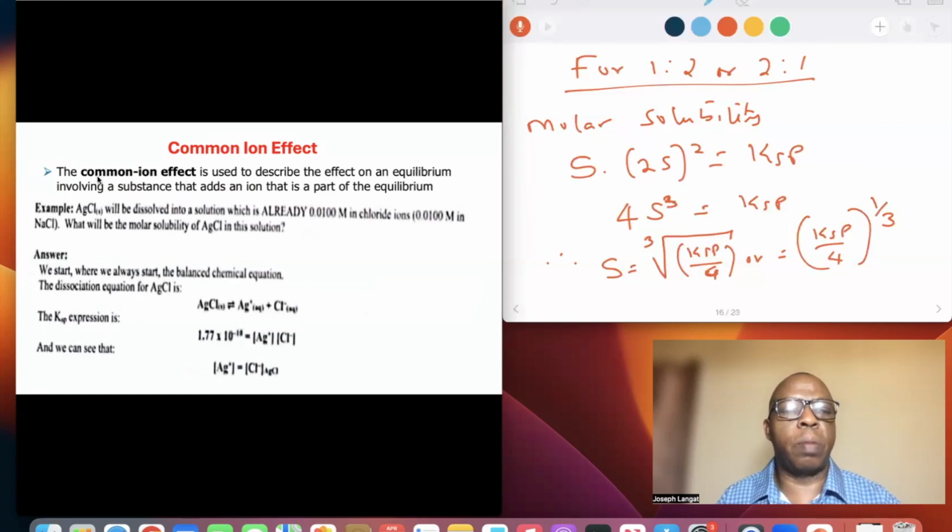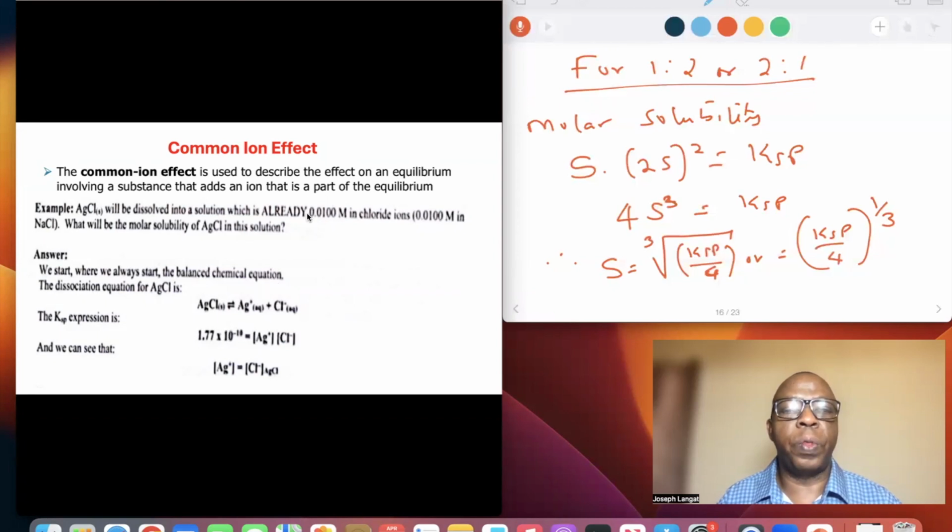Here is the example of silver chloride in a solution of 0.0100 molar chloride ion, which could be from any solution with a chloride ion, such as HCl, in this case, sodium chloride. The mole ratio here is 1:1:1. This is the solubility equilibrium with its Ksp value.